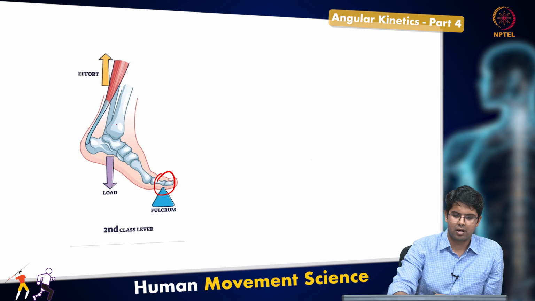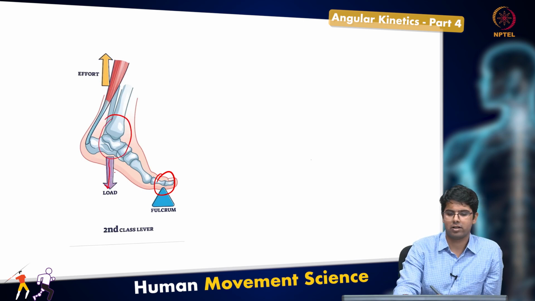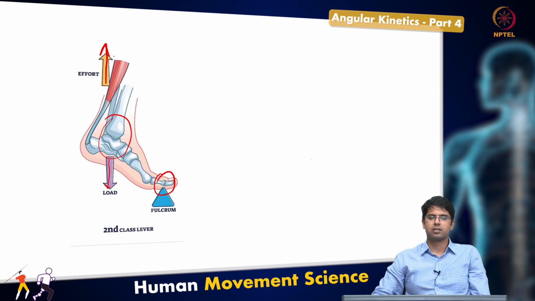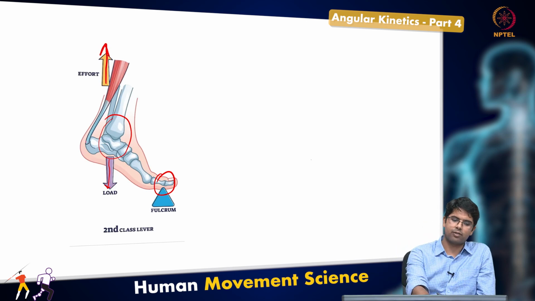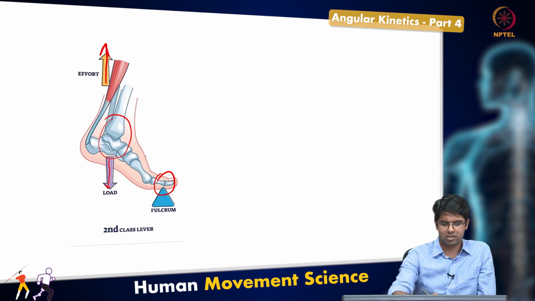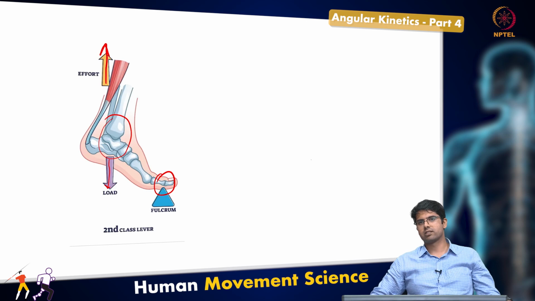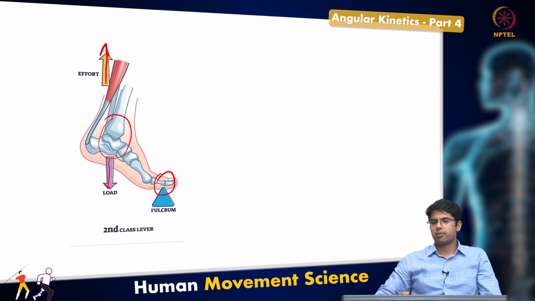Okay, the load is the weight of this segment, the force is acting here, and the effort is the force provided by the muscles. Because the effort is behind the load compared to the fulcrum, this qualifies as a lever of second class.